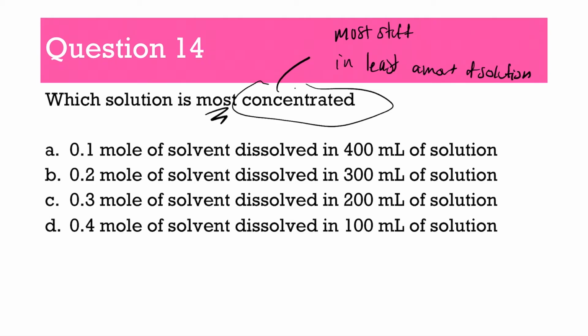That's very concentrated. You have a lot of stuff dissolved in a very small volume. If you use that same 5 scoops in 5 cups, you've now spread that out more. So you want the most stuff in the least volume, and that is answer choice D.